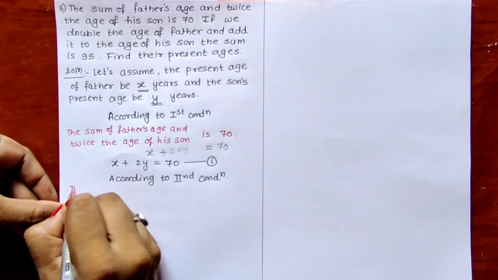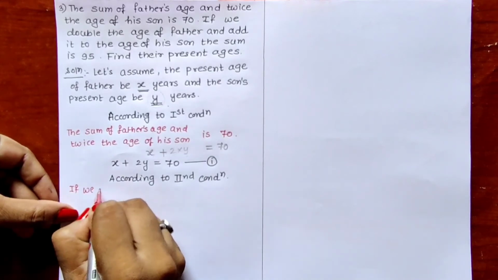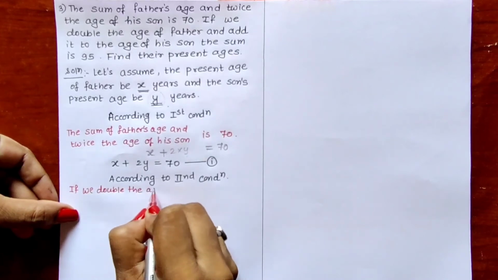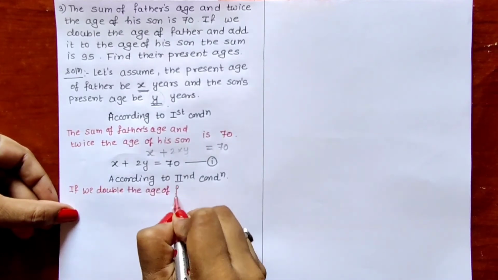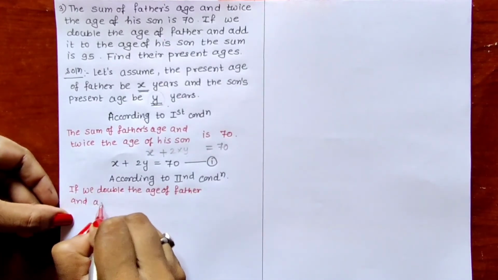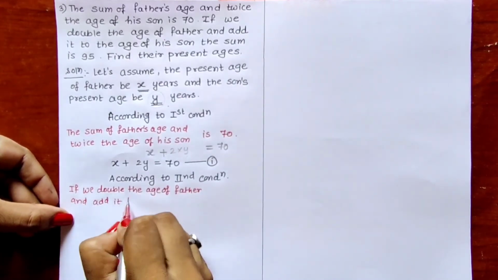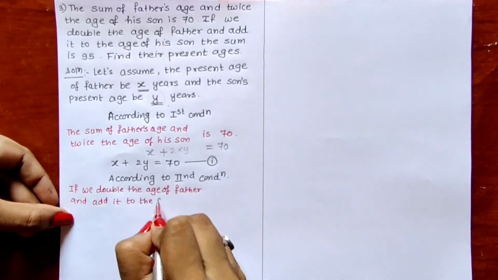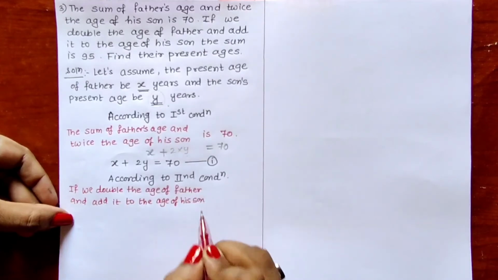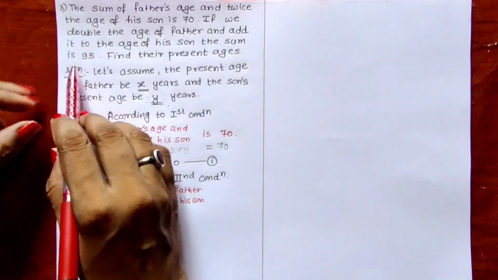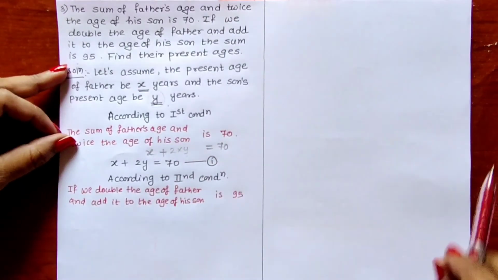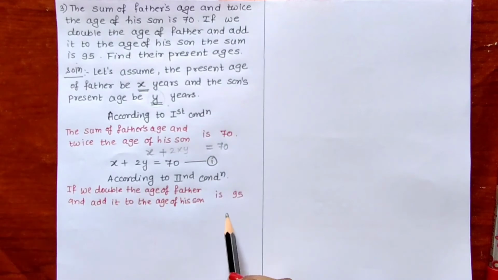If we double the age of father and add it to the age of his son, the sum is 95. Their addition is 95. So again make the equation from this.